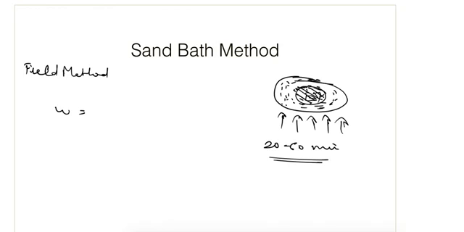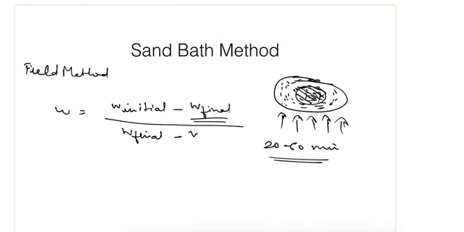This should be W initial minus W final, which means the weight of the sample initially, the soil which is having moisture, minus the weight of the final sample, which will be a dry sample, and divided by the final sample minus the weight of the tray. So it will give us the weight of solids. So this is how we calculate using the sand bath method.